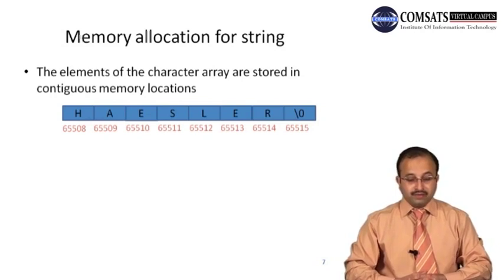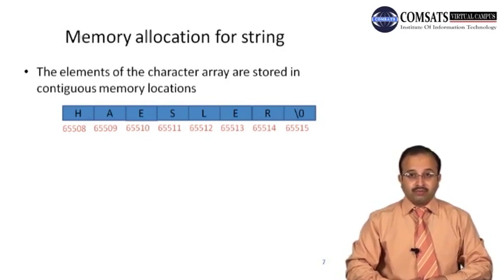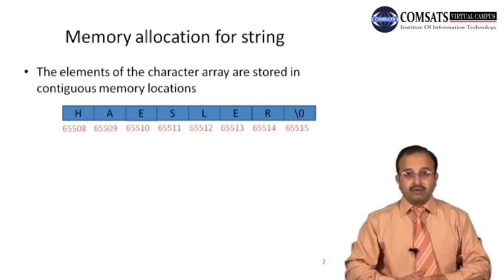So if I have a string ABC123, in this string 1, 2, 3 are digits, but they won't take 4 bytes. 1 takes only 1 byte, 2 takes only 1 byte, and 3 takes only 1 byte. So ABC123 takes only 6 plus 1, that is 7 bytes, where the plus 1 is for the null character.